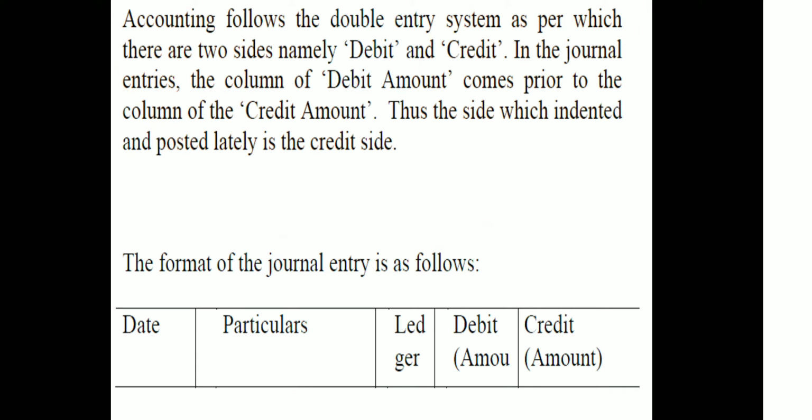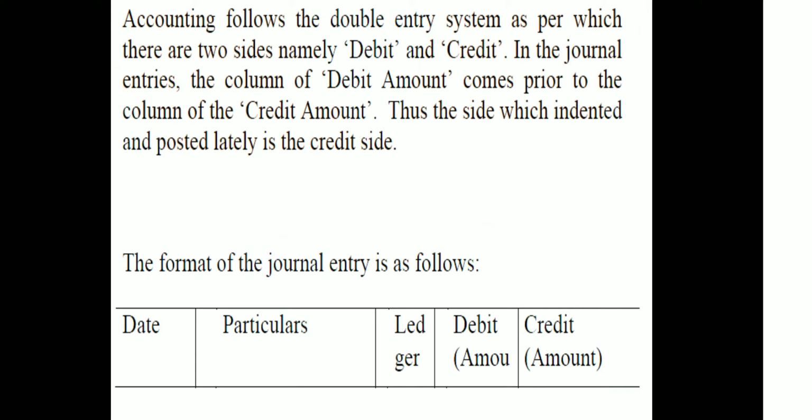Now, we will see the format of a journal entry. The first column is date, the second column is particulars, and the third is a narrow column. The name of this column is ledger folio, L.F. The next column is debit amount, and the next is credit amount.